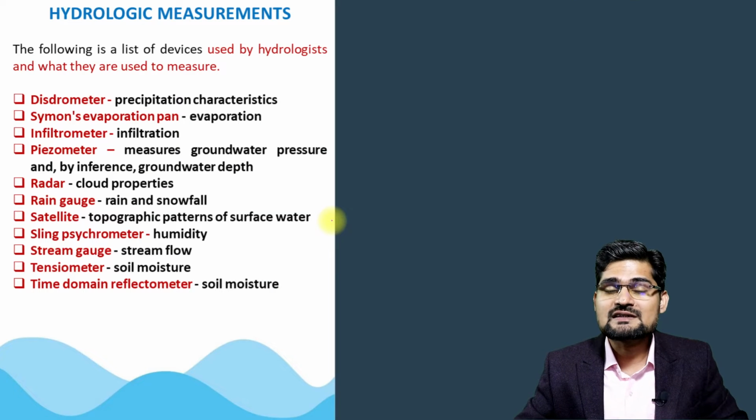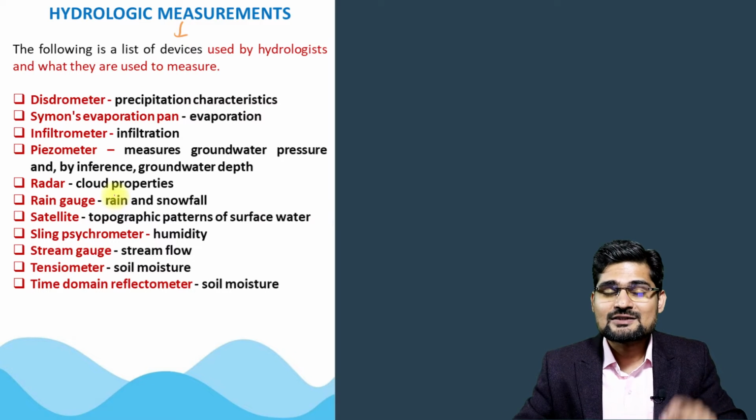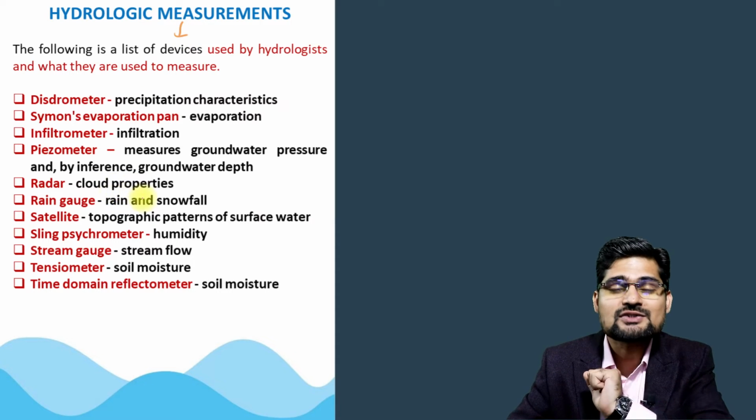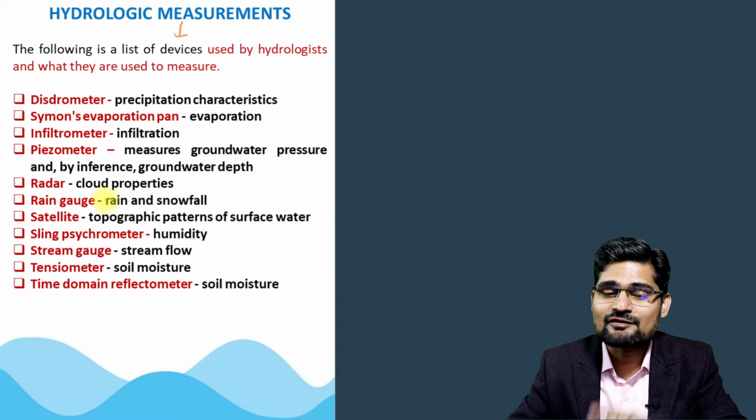Then what you observe is the measurement, and you observe these devices. These are devices which hydrologists use for measuring various parameters of hydrology, and I have listed them for you in one place.